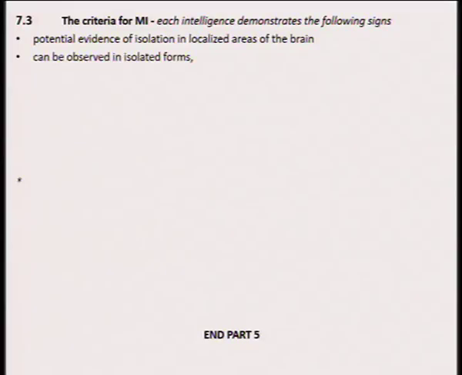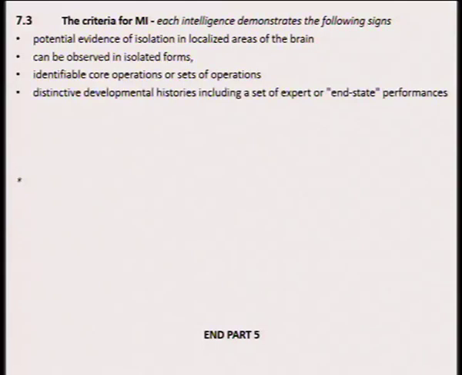The last point on this presentation in part 5 is the criteria for multiple intelligence. And we see that each intelligence demonstrates the following signs. It has the potential evidence of isolation in localized areas of the brain. It can be observed in isolated forms. It has identifiable core operations or sets of operations.